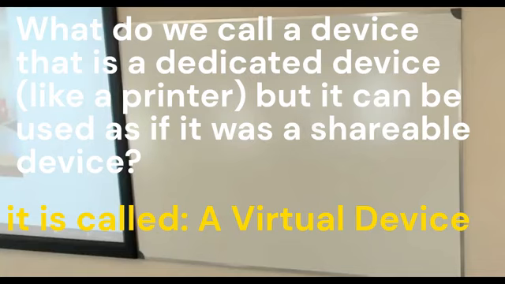Anytime you hear the word virtual, that means it's not exactly real. So a virtual device is a device that normally is mutually exclusive, or dedicated, but we can use it as if it was a shareable device. So how can we do that?